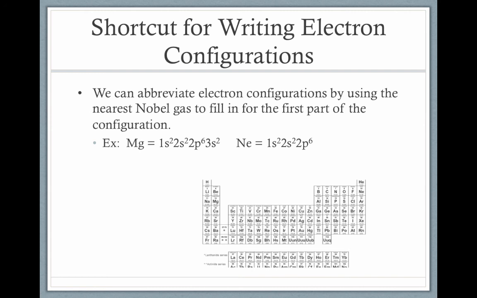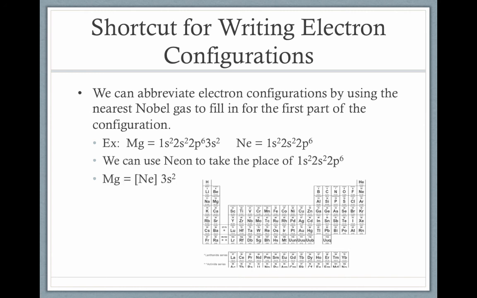Since magnesium begins with 1s2, 2s2, 2p6, just like neon, we can use neon to take the place of that portion, giving us magnesium equals neon 3s2. Looking at the periodic table, this is super easy because we know we can write in neon, and then we know our electron configuration must end with 3s2 because magnesium is the second element in the third period in the s block.